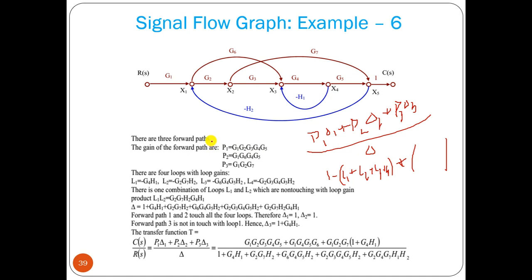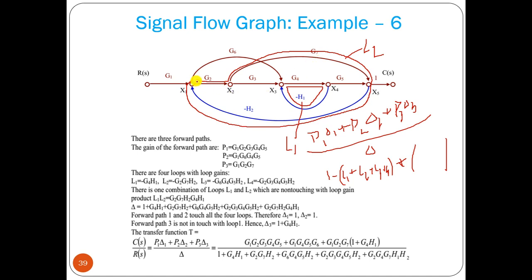If we look here, this particular loop, your loop 1, and your loop 2 that we have considered, G2, G7 and then coming back to this, are non-touching with each other.